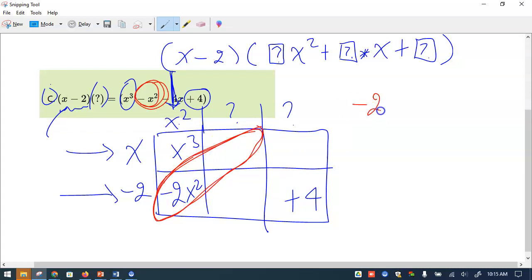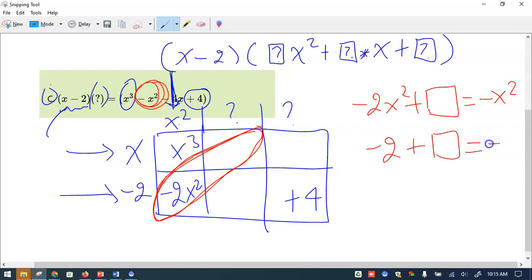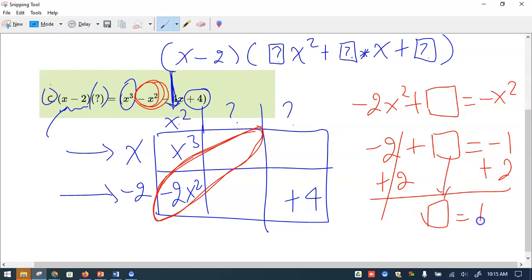It's like minus 2x squared adds to what you write, so you get minus x squared. It's the same as writing minus 2 plus what is minus 1. If you don't know, just add 2 plus 2 and you do the line. This goes away, so the box drops down and you get plus 1. So this is 1, but because it is x squared, you say 1x squared.